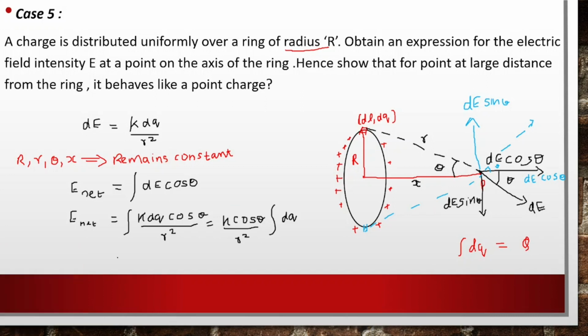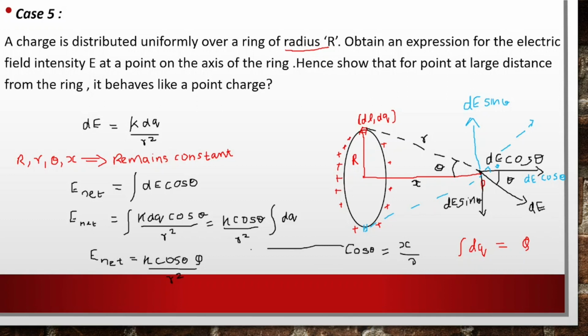We get E net is equal to K cos theta Q by r square. And from this figure, from this triangle, cos theta is equal to adjacent side by hypotenuse, x by r.